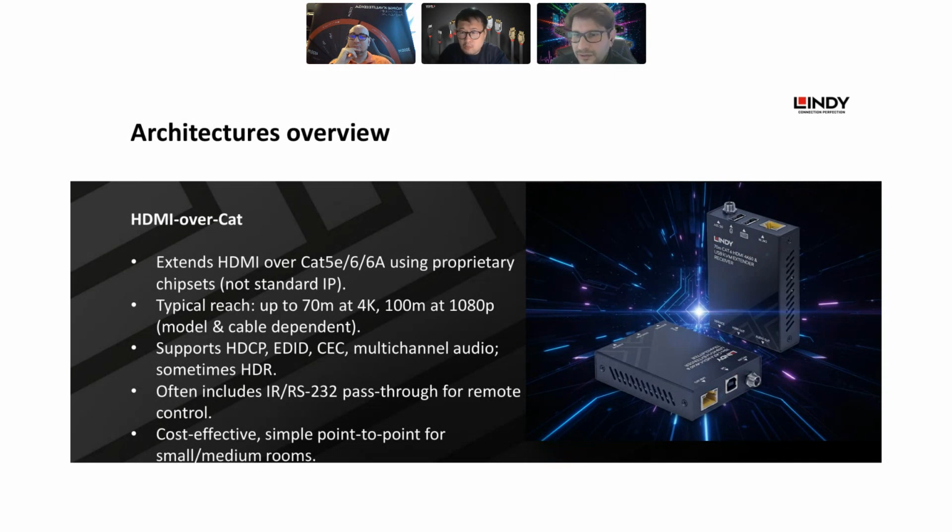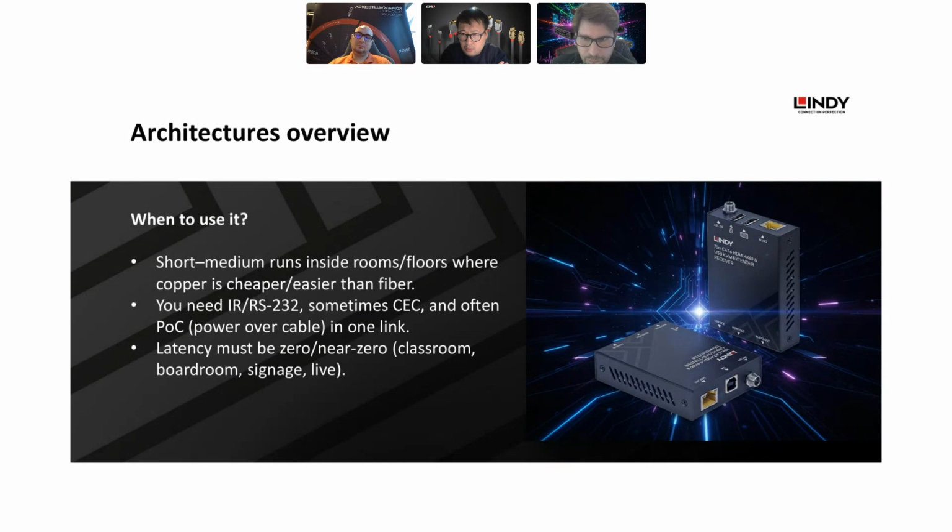It supports HDCP, EDID, CEC, multi-channel audio, sometimes HDR, and often includes infrared, serial control, and pass-through for remote control. It is the cheapest technology and standard for simple point-to-point links in small and medium rooms.